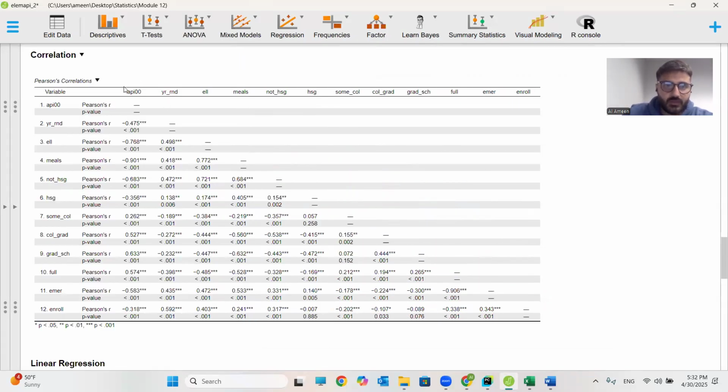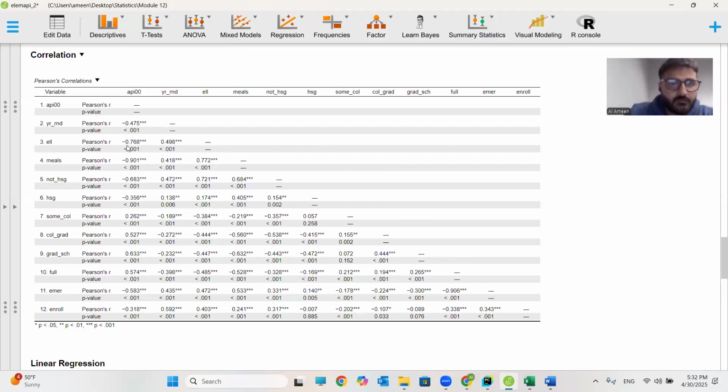And we are concerned with API here, so we can see that year round is negatively affecting our API, with a very significant R value. We can see that ELL, I believe, is the percent of students who are attending English classes, so basically the percent of students whose first language is not English.